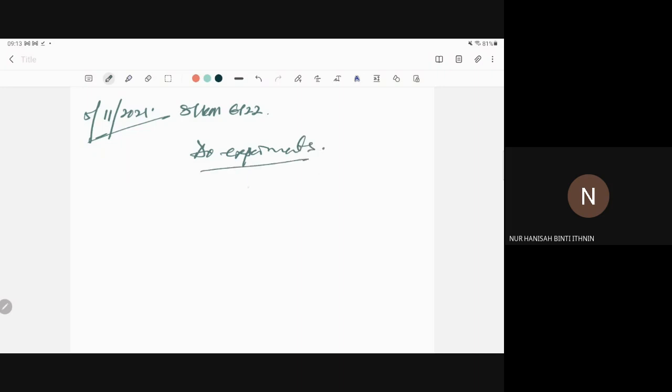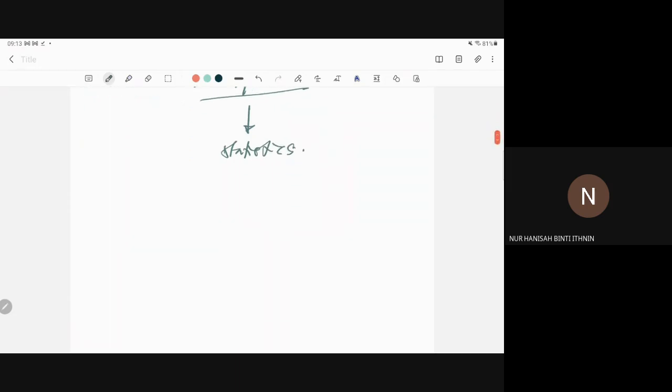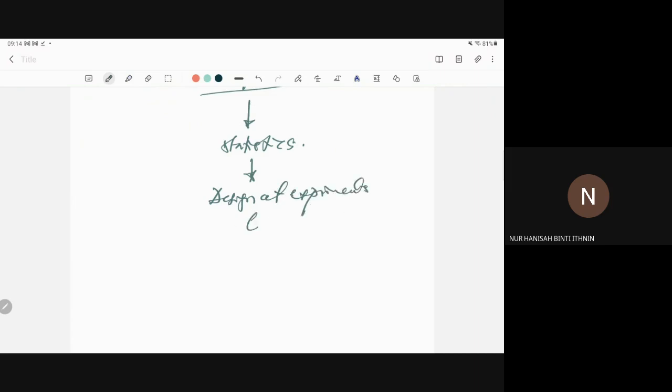So when we do experiments, we need to do statistical tests. We need to have statistics. Why do we have to have statistics? We'll go into that in more detail later. The first part is design of experiment, or in short, DOEs.